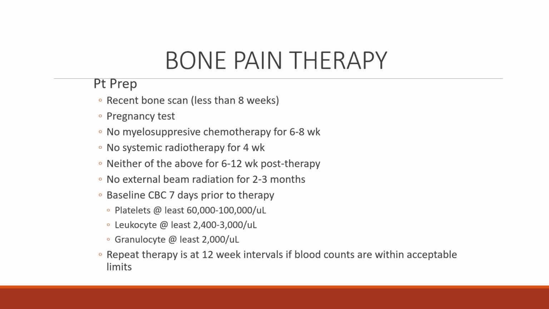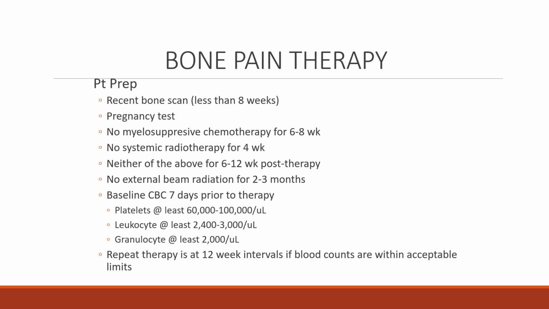And all of those blood cells are very radiosensitive, and we're injecting it into their bloodstream. So it is going to kill some of their white blood cells and some of their platelets. We want to make sure that before we give any therapy, those blood levels are adequate enough that they can withstand the blow of a beta or an alpha therapy. So we need to make sure they're healthy enough to even get that therapy.